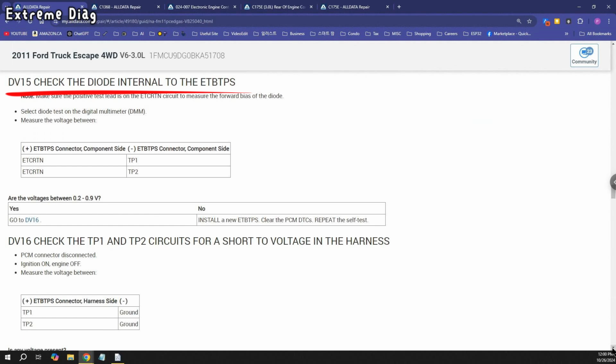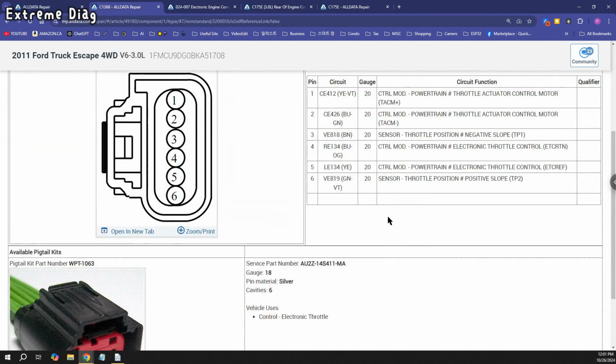DV15 says to check the throttle body's diodes. On the component side, check the diodes between ETC-RTN and TP1, and between ETC-RTN and TP2. Referring to the pinout again, between ETC-RTN, which is pin 4, and TP1, which is pin 3, and between ETC-RTN, which is pin 4, and TP2, which is pin 6.